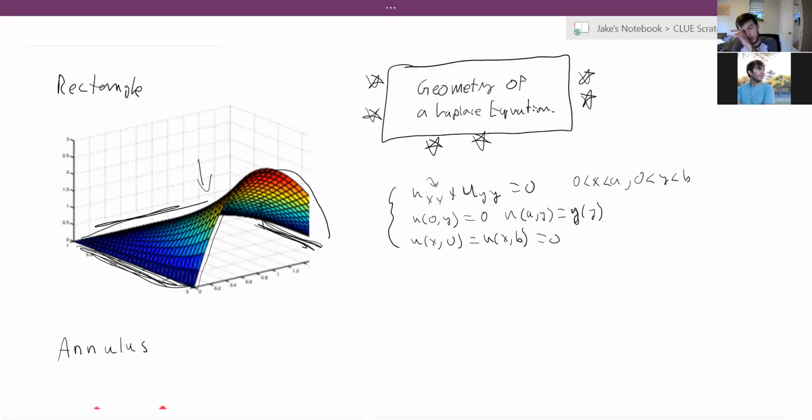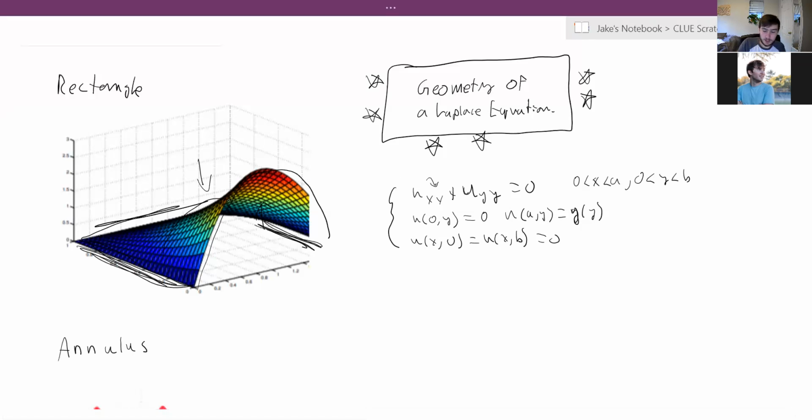So the questions we're trying to answer are: given some information about the curvature, so the second derivative in either direction, which is the x curvature and the y curvature, what can we say about the shape of this manifold or this sheet that's on top?